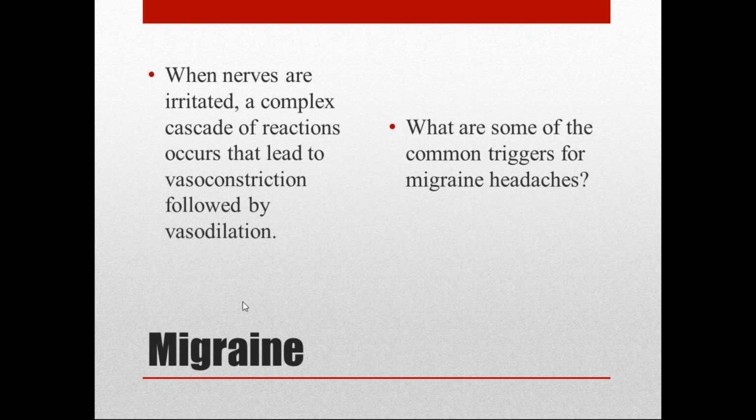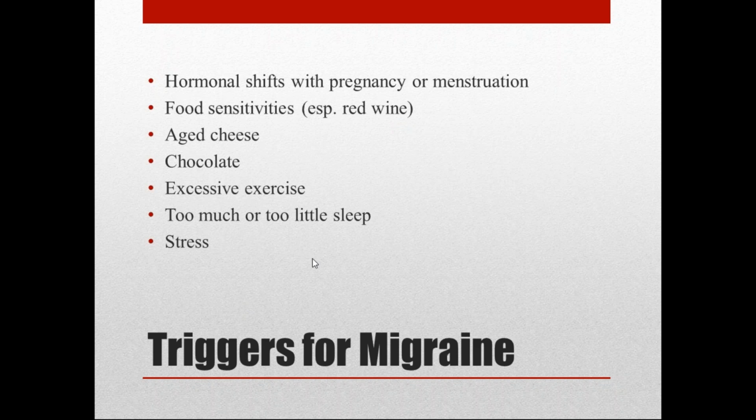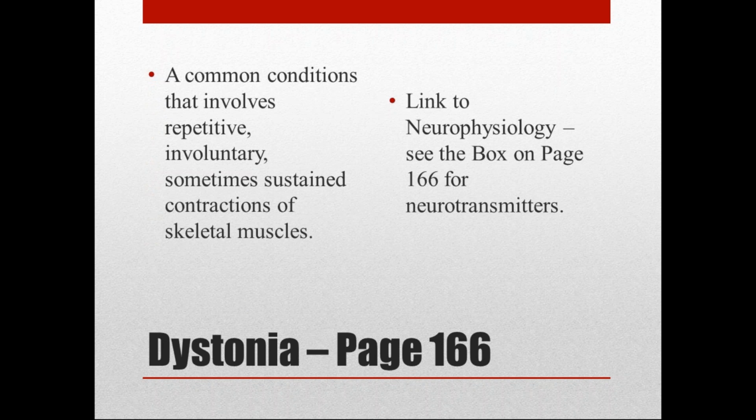Okay, so they get this feeling like, I think I got a migraine coming on. And so then what the brain decides to do is, hey, we got to get blood to the brain. So it way over vasodilates those vessels, and you get that pounding that comes into the head of all the blood rushing in. And then what happens with migraine, okay, so here's all the triggers for it.